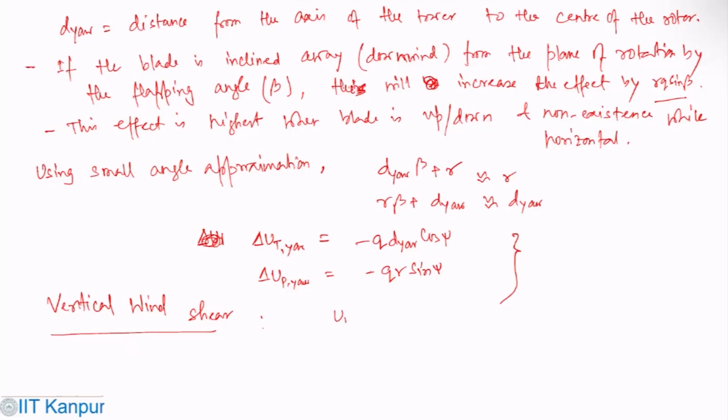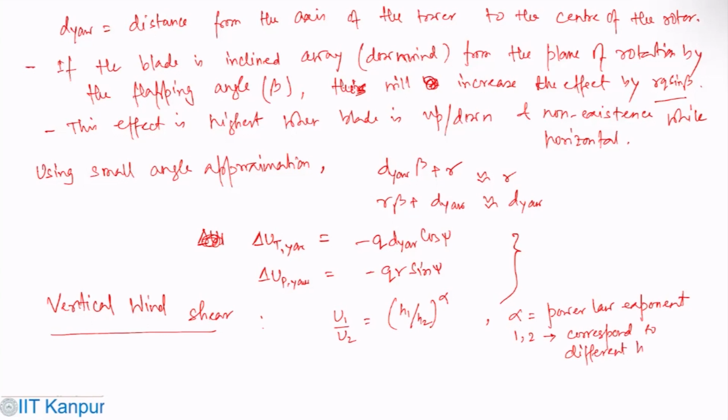Let's say u1 by u2 equals (h1 by h2) to the power alpha, where alpha is the power law exponent, and 1 and 2 correspond to different heights.